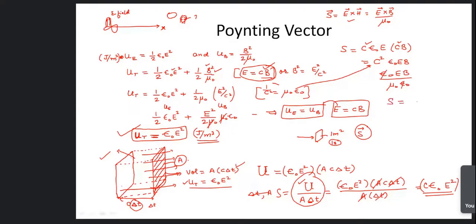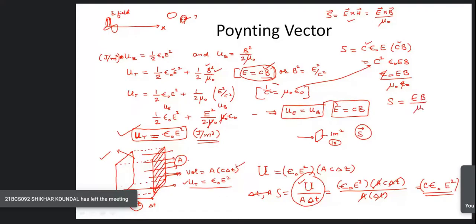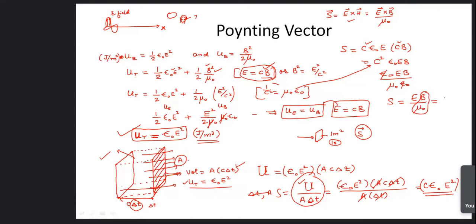I can cancel this with this. So the magnitude of the Poynting vector is E times B over mu naught, or equivalently, if I write H in place of this, I can write it like this. In vector form, you have to write this as the cross product of two vectors, and the order of the cross product matters.